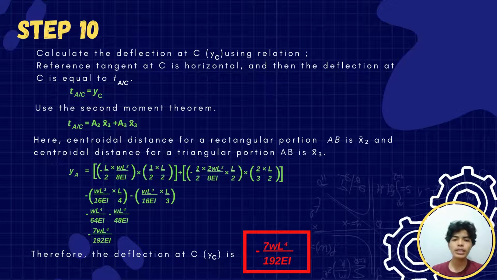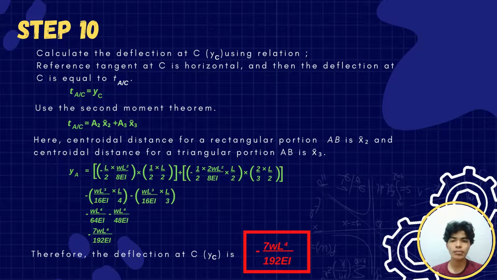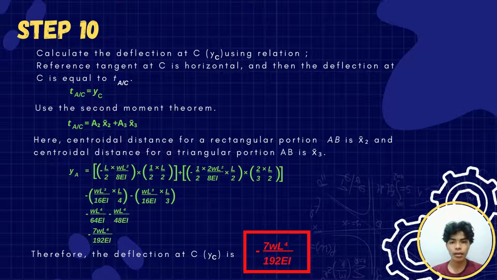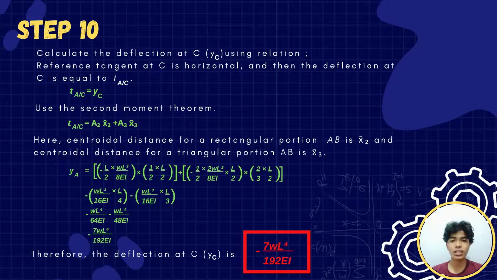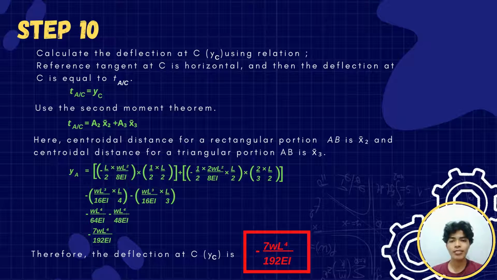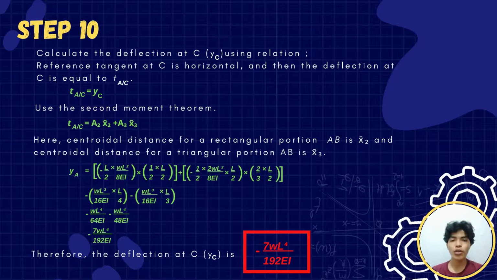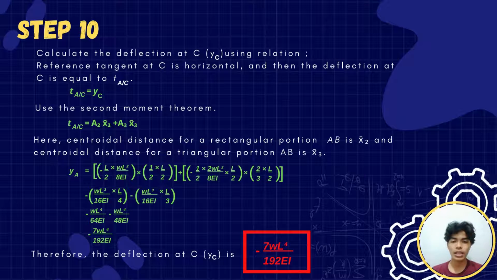Here, the centroidal distance of the rectangular portion AB is the centroid at x2 bar, and the centroidal distance for the triangular portion AB is the x3 bar. By substituting all the given values, we can now conclude that the deflection at C is equal to negative 7WL to the power of 4 over 192EI.